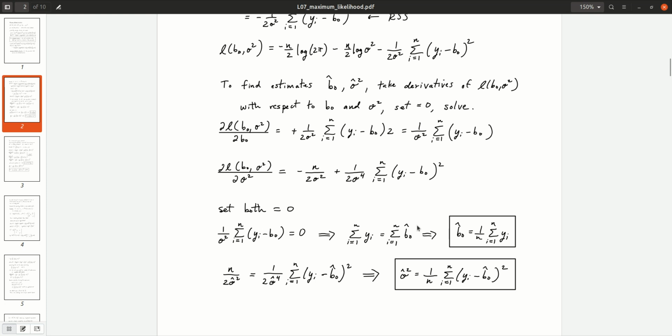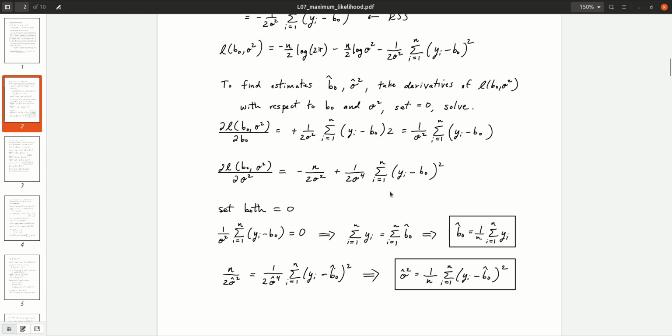The right-hand side is just n b0 hat. So that means b0 hat is 1 over n times the sum of yi. It's just the average.